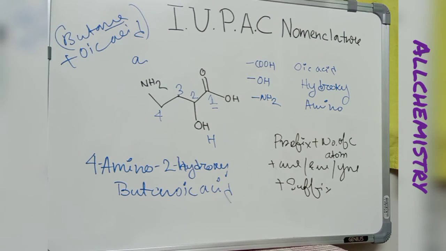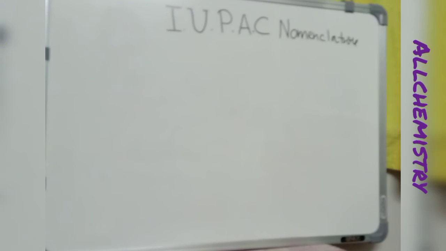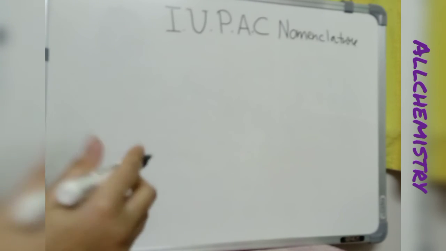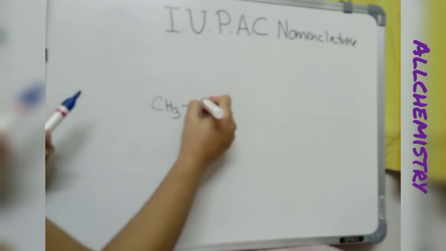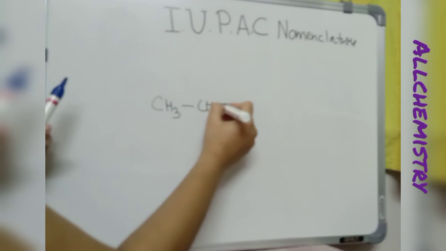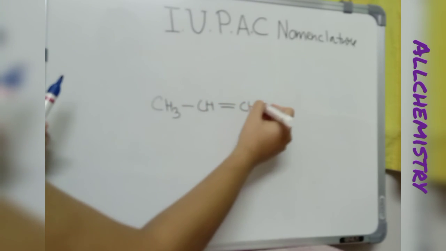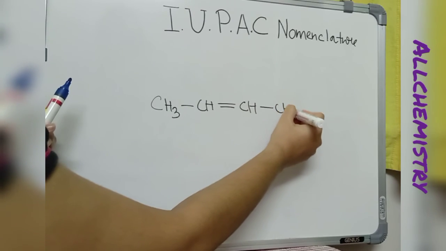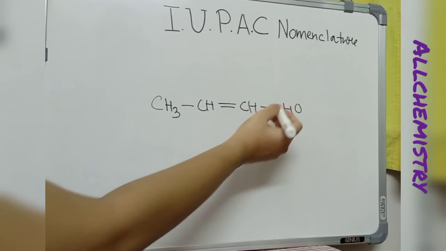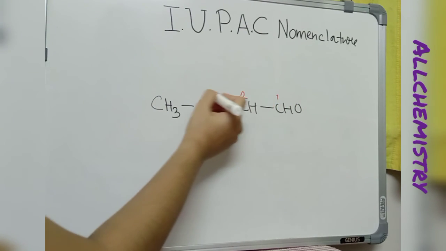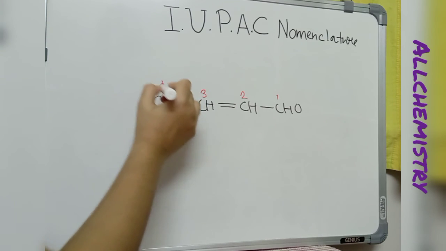So I am moving towards another example. We have a double bond and an aldehyde group. Suppose we have CH3, CH, double bond, CH and CHO. So our numbering will be 1, 2, 3 and 4.